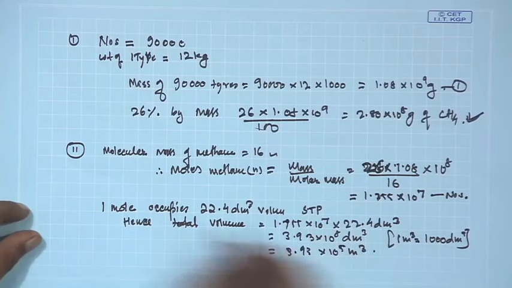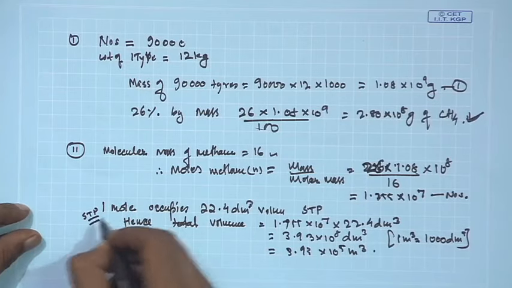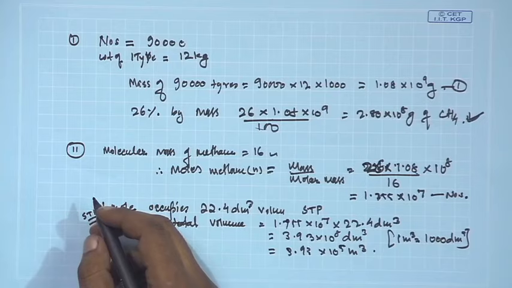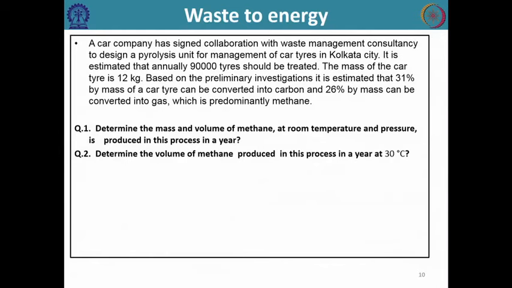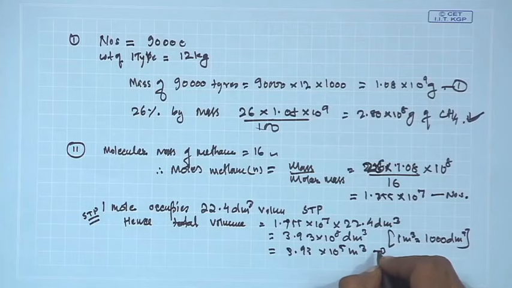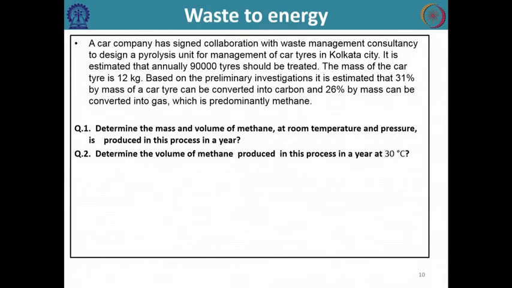This value is at STP, but in the question we have also been told to determine the volume of methane produced at 30 degrees Celsius.